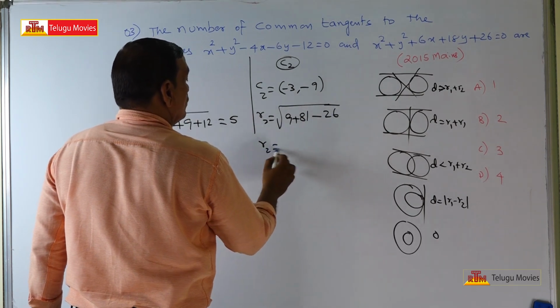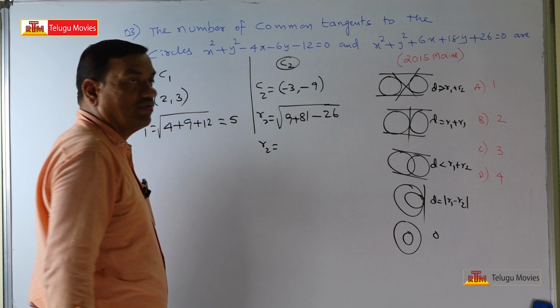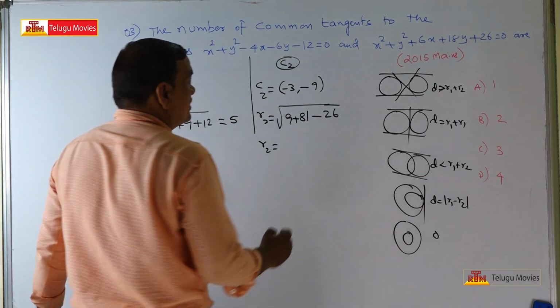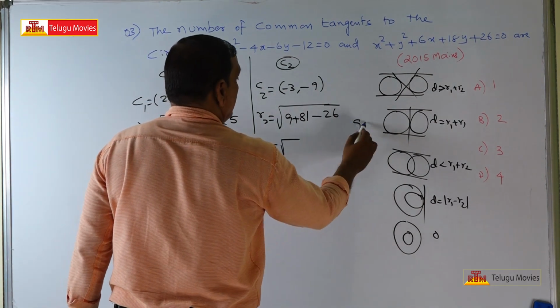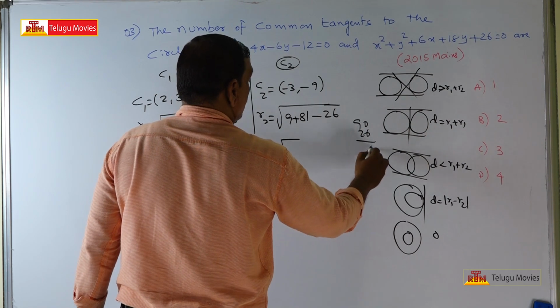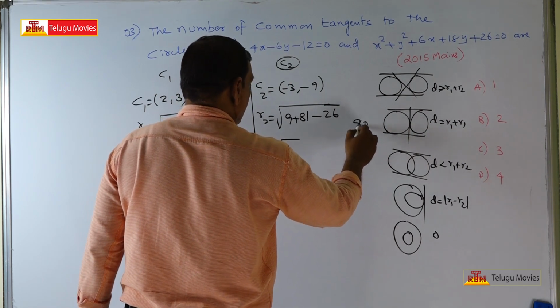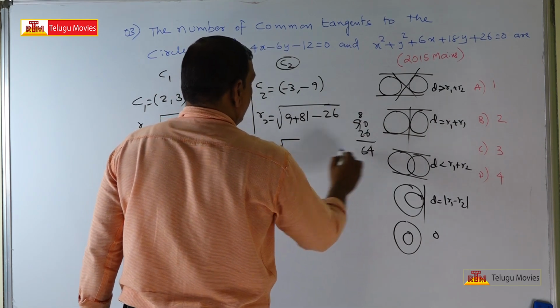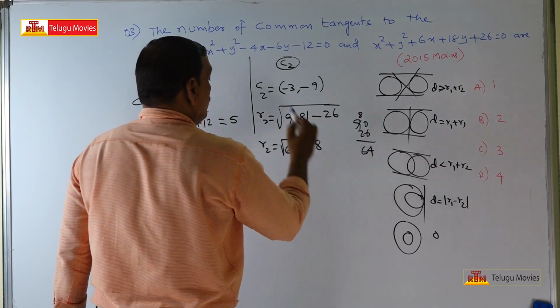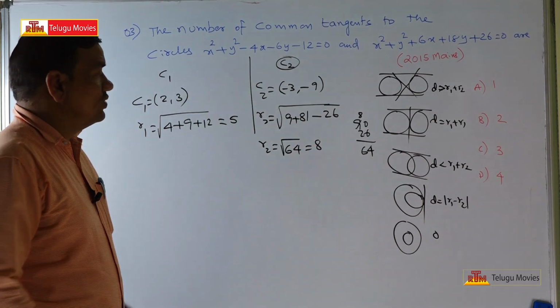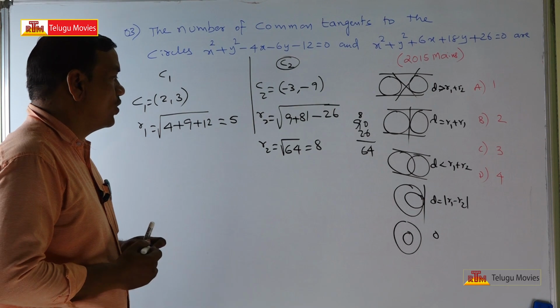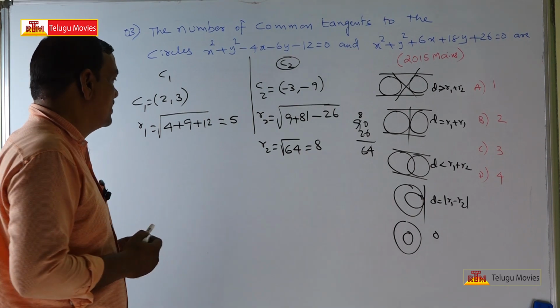So R2 is 9 plus 81, which is 90, and 90 minus 26 is 64. So the square root of 64 is 8. The radius of the second circle is 8, and the radius of the first circle is 5.